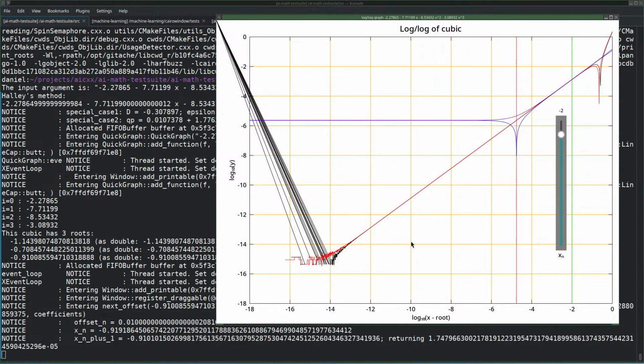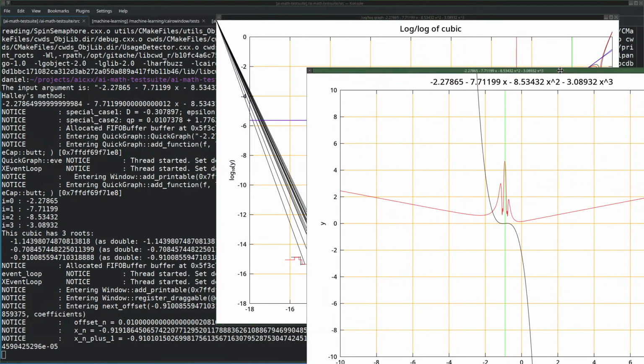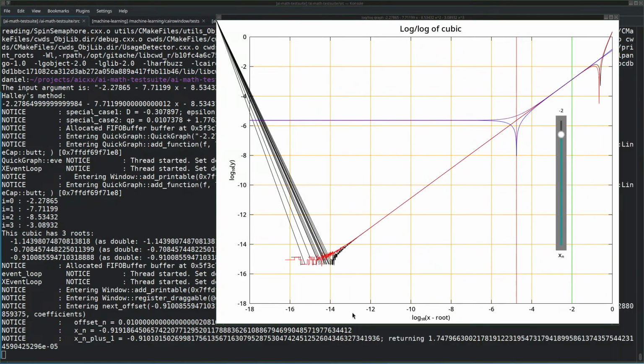And what I can do is draw the graph in this double logarithmic thingy. Although I'm wondering what the effect of that is, because this is the log 10 of the difference with the actual root.